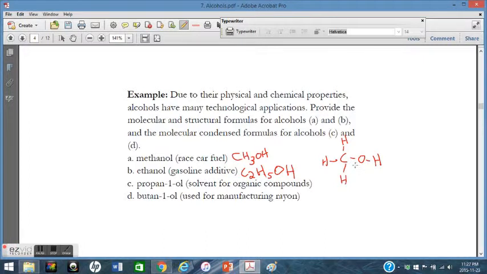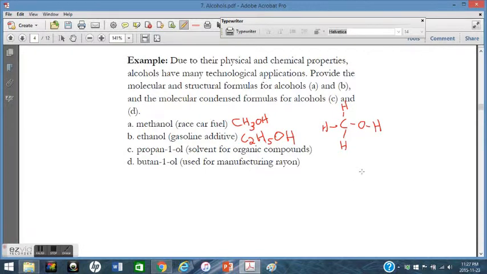I'm showing you the difference here. This is a structural formula. It does not show the geometry, right? That the carbon was tetrahedral and the oxygen is bent. We don't show that here. We don't have to. Okay, so that's for A. For methanol, pause it again. Take a look at ethanol.